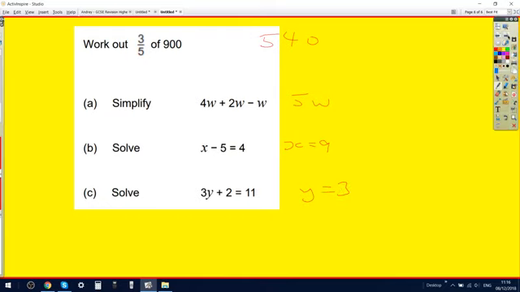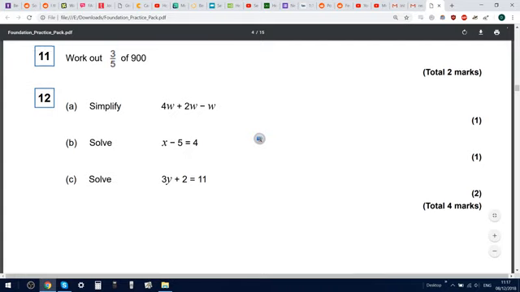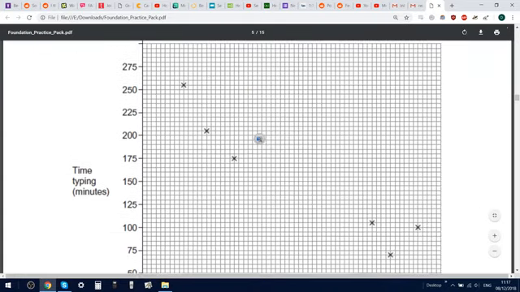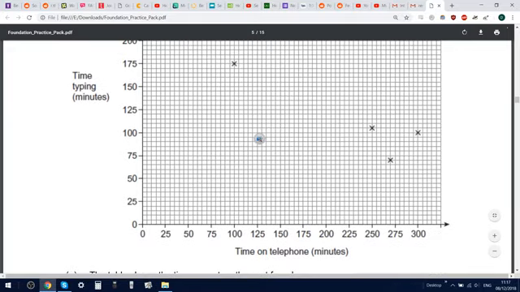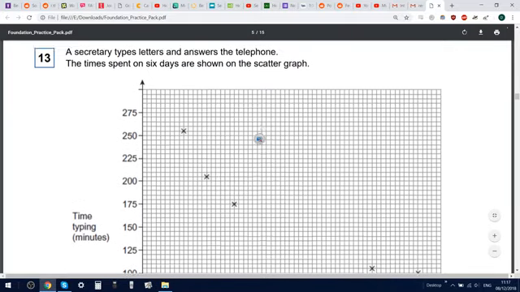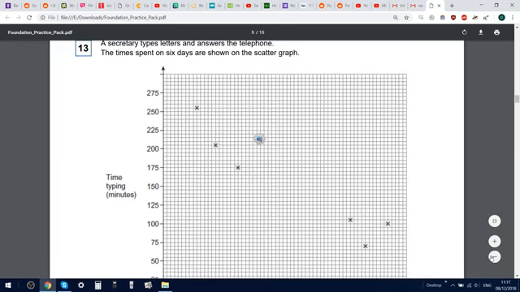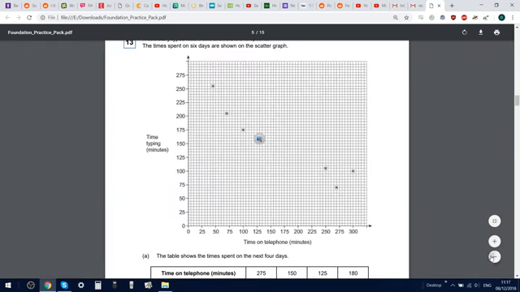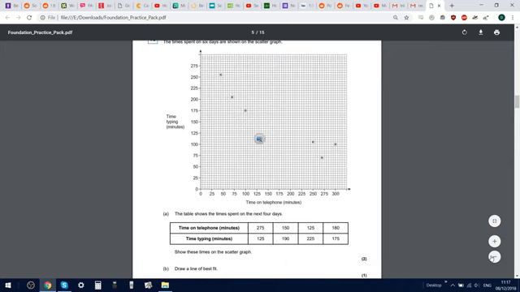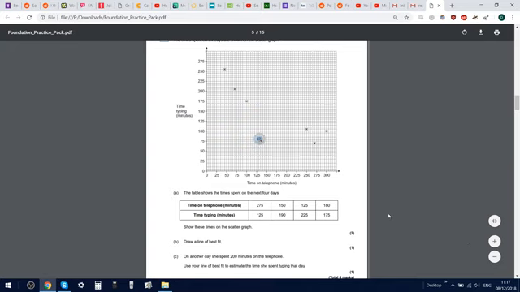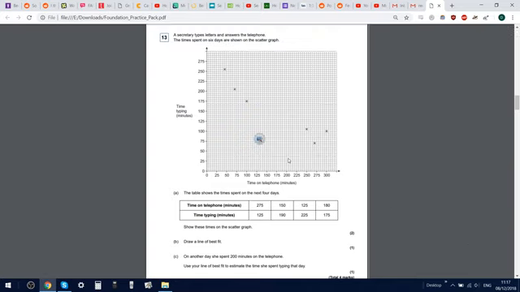Let's change this. Okay. So the scatter diagram. Hold on. Okay. So how would you show those times on the scatter diagram?